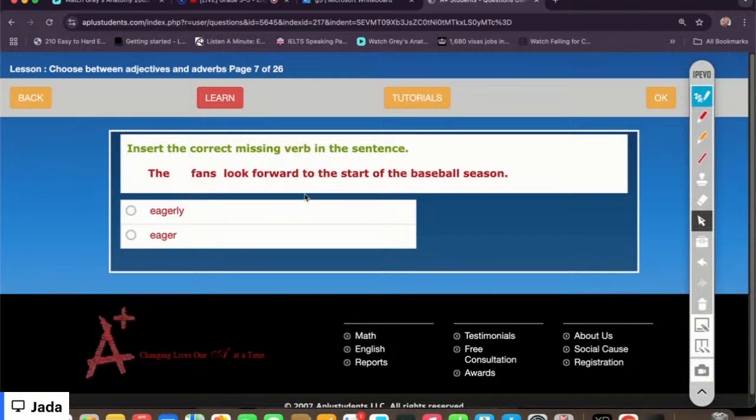The dash fans look forward to the start of the baseball season, eagerly or eager.